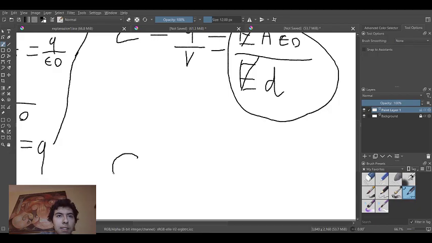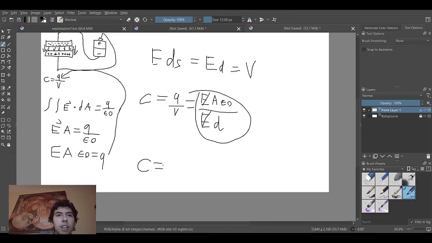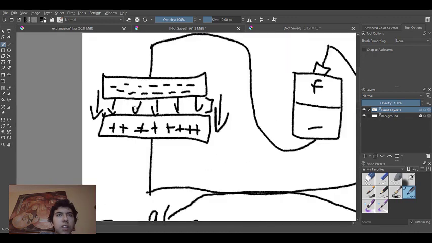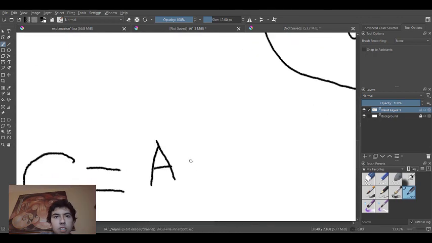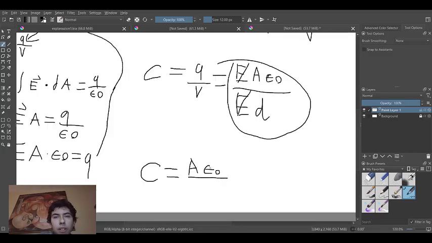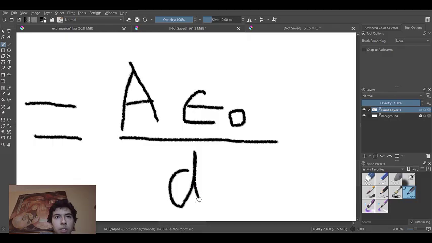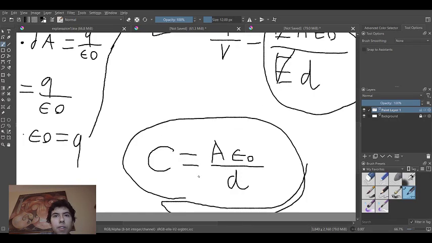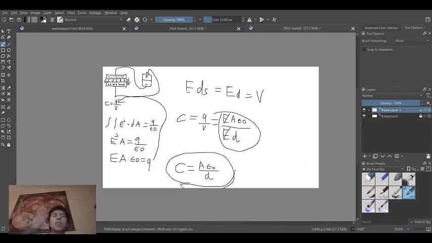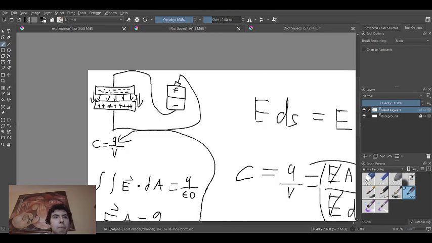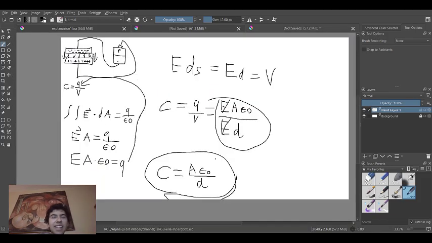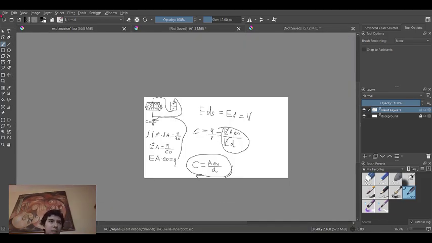So the capacitance is always going to have a formula of the area of the sheets times epsilon 0 over the distance between the sheets. This is going to be our calculation for the capacitance. And that's how you do it. I just did it.